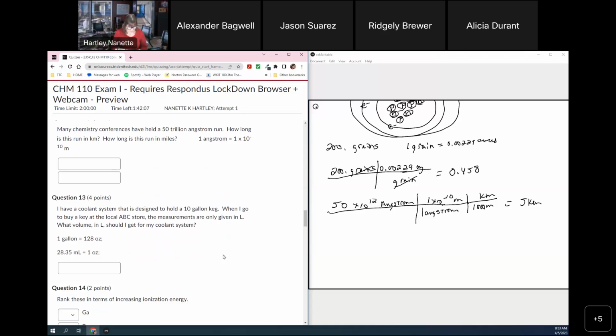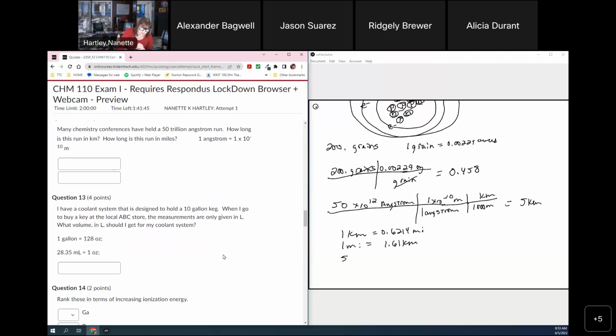I can see from here that 1 mile is 1.61 kilometers, or 1 kilometer equals 0.6214 miles, or I can use 1 mile equals 1.61 kilometers. Either one of those is fine.